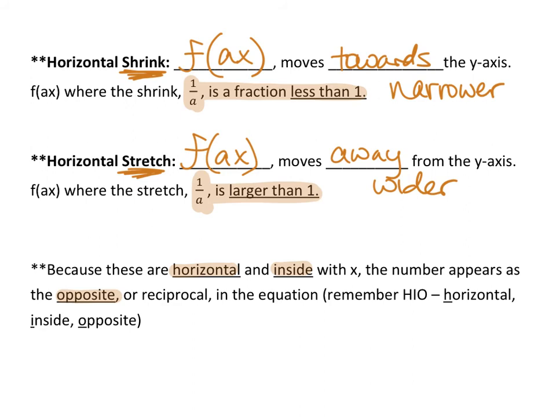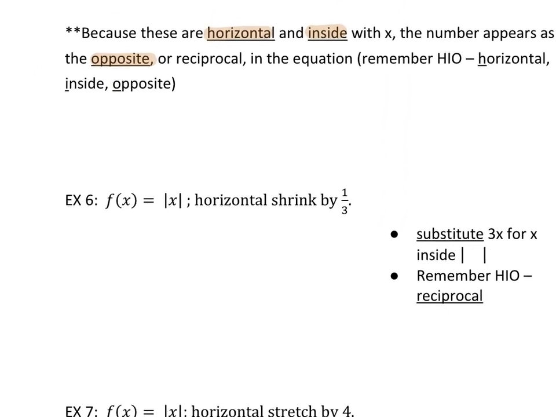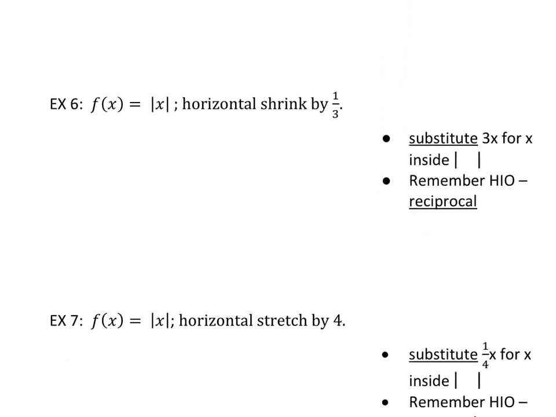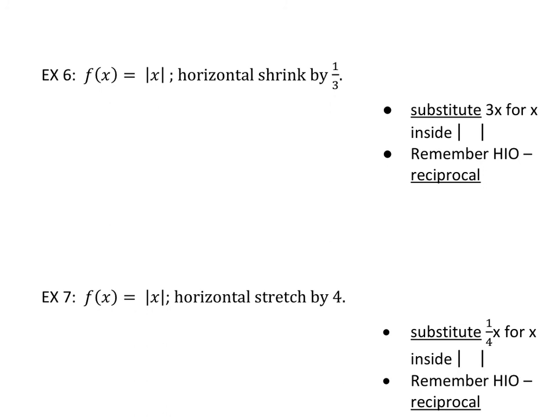So horizontal, inside, opposite. So here's how we attack these. If we want to write the absolute value of x with a horizontal shrink by 1/3, first things first, the number they gave you for a is 1/3, which means instead of 1/3 when you plug it in, you're going to flip-flop it, and the a that you're going to use is what? Not 1/3, but 3/1, which I can just write as 3. Whew, okay, we did the opposite because it's horizontal.